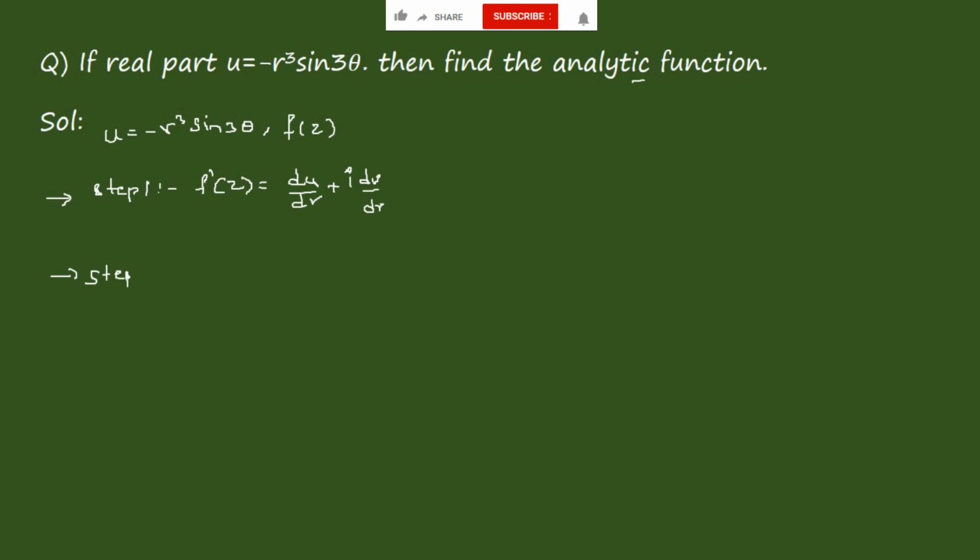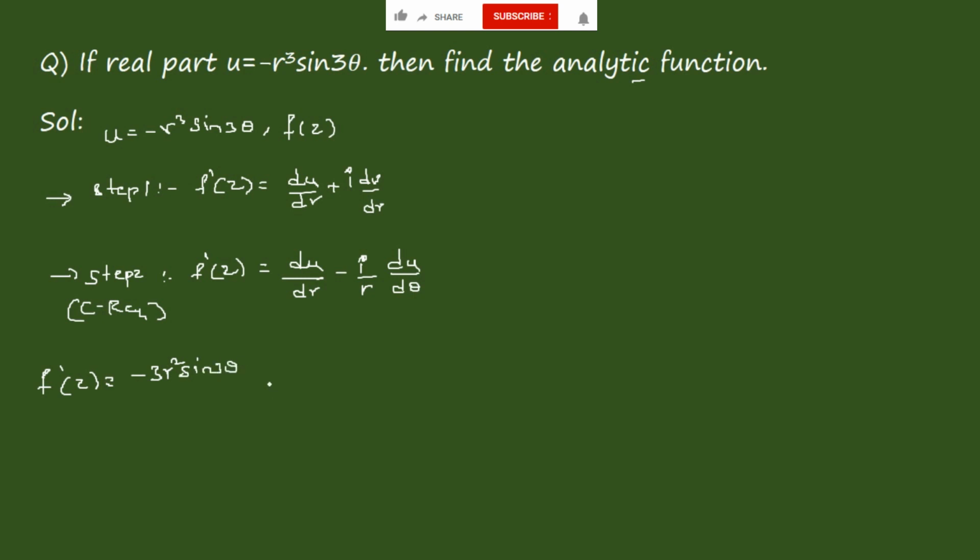So in step 2, we'll be using the Cauchy-Riemann equation. So it becomes f dash of z is equal to du by dr minus i by r into du by d theta. So just differentiate it. So f dash of z is equal to du by dr, so it becomes minus 3r square sine 3 theta minus i by r into d by d theta.